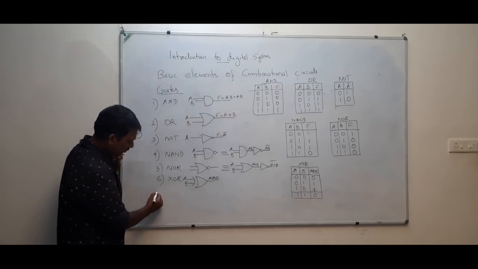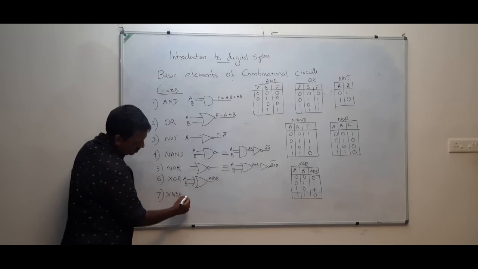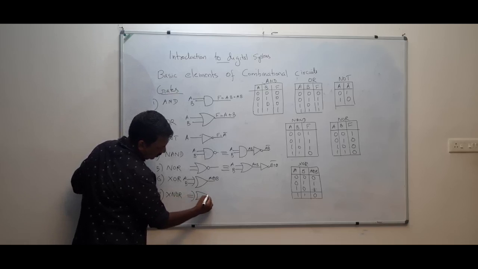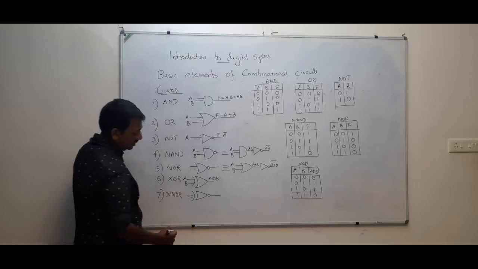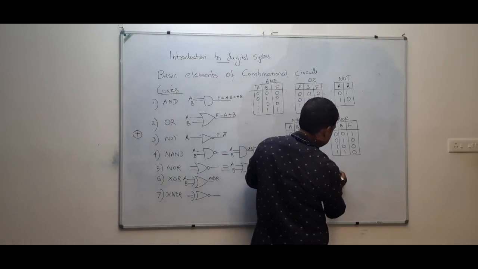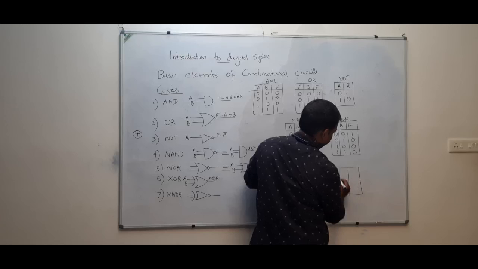Now the seventh one is XNOR, which is indicated by negating this. XNOR is the complement of XOR.